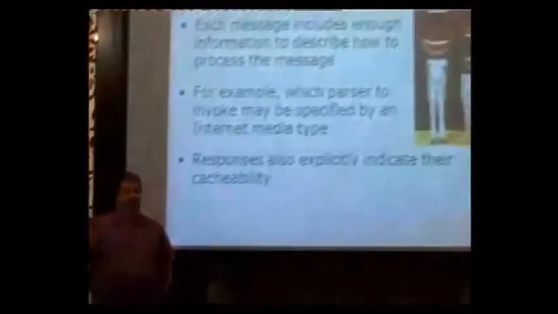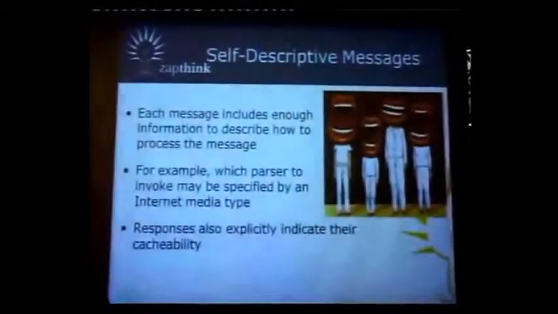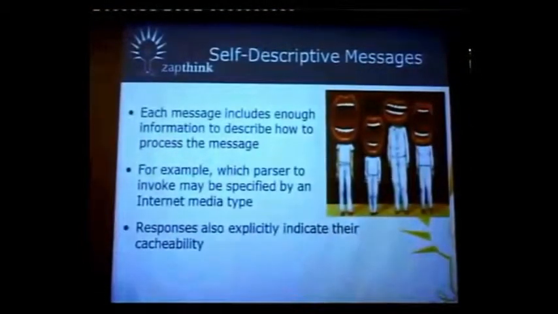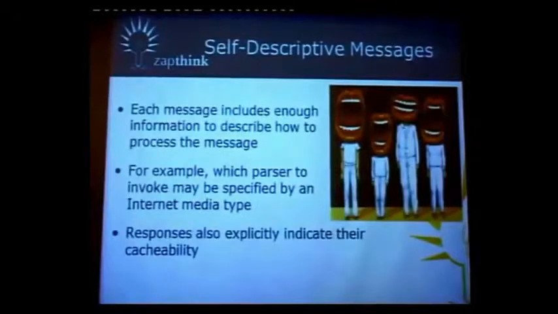Okay. So the third constraint, we're only up to number three: self-descriptive messages. A message is the information that contains the representation. So the interactions between the resource and the representation on the client, or vice versa, requests from the client to the server, each of these messages is essentially self-describing.